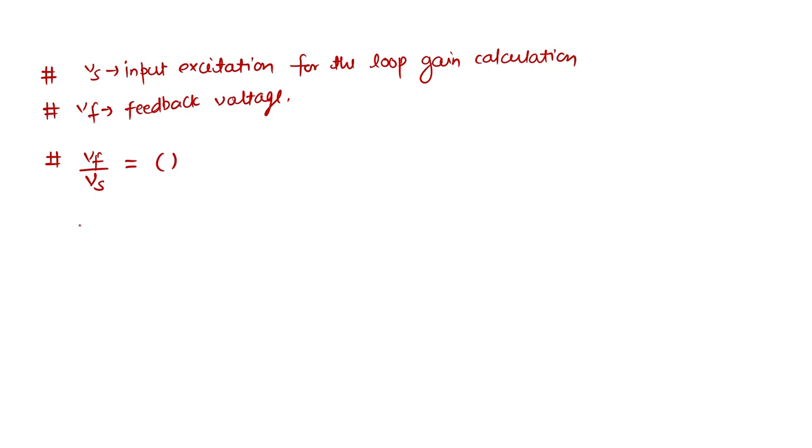Okay, so what we have seen: Vx is nothing but minus A times Vs was the one equation, and the second equation is what?